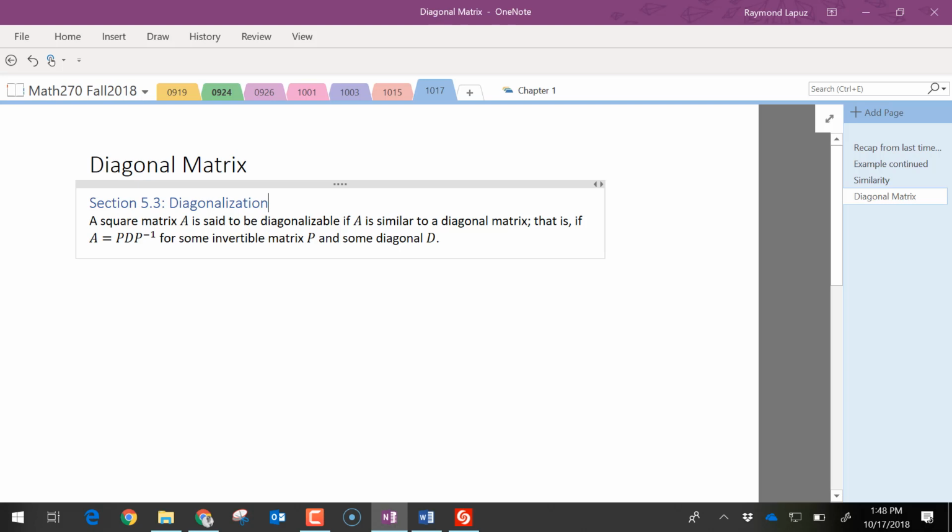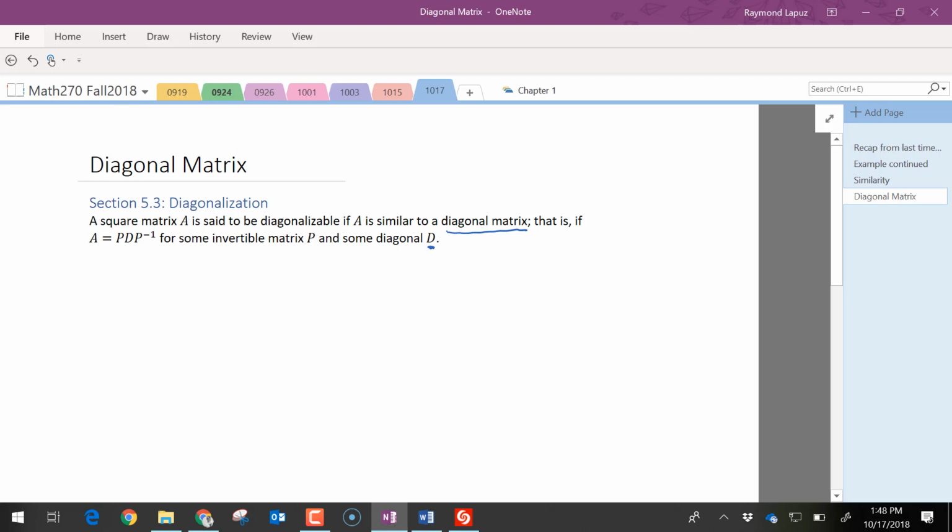So, if we can find a matrix similar to A that has a special feature, then we can find out more about A by just looking at that other matrix. So the matrix that we're looking for is a diagonal matrix.